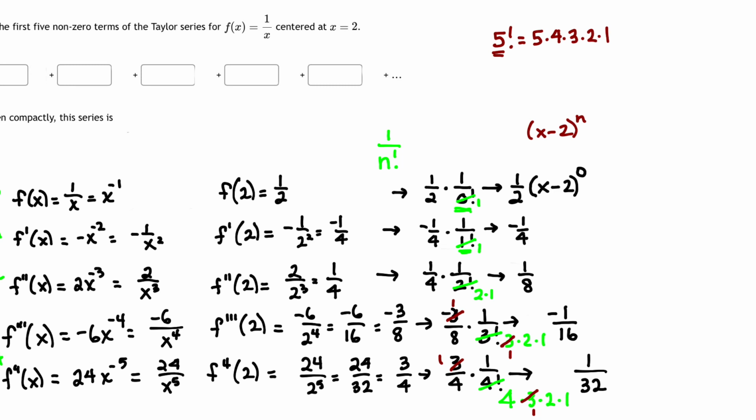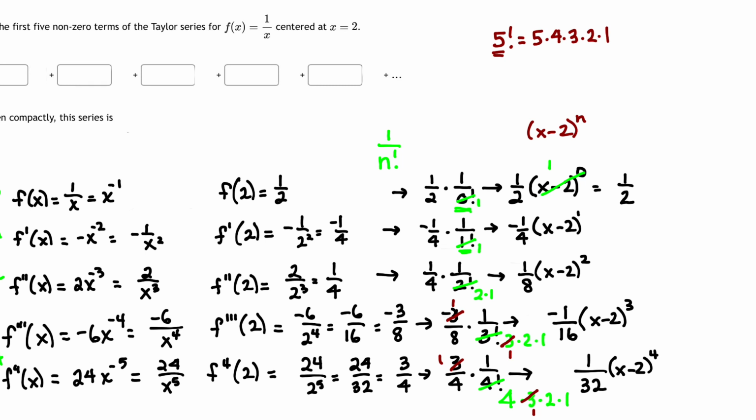But anything raised to the 0th power is 1. So really, our first term just happens to be 1/2. The second one is going to be x minus 2 to the first power. The third one is going to be x minus 2 to the second power, x minus 2 to the third power, and then x minus 2 to the fourth power, because on the very bottom, n was 4.